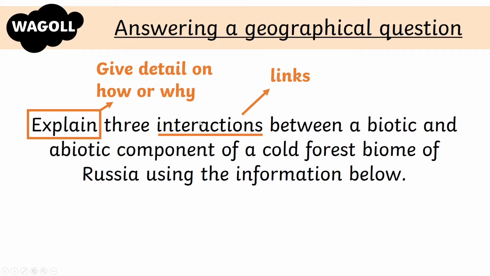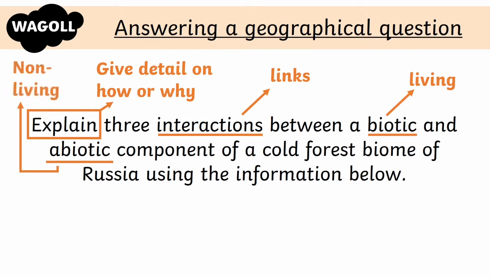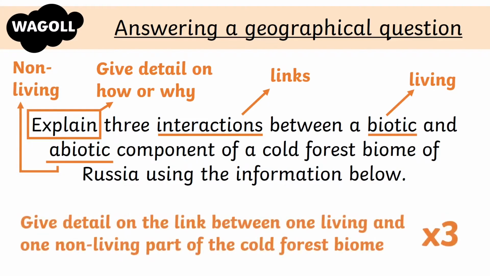So we're looking at 3 links between biotic and abiotic components. Biotic, if you remember, means living. Abiotic means non-living. So essentially this question is asking you to give detail on the link between one living and one non-living part of the cold forest biome, and you have to do this 3 times, so for 3 different links.